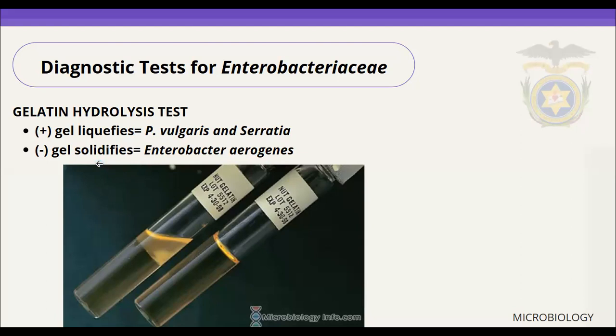A positive result can be seen in organisms like Proteus vulgaris and Serratia. And if the gel solidifies, indicating a negative reaction, it can be seen in Enterobacter aerogenes.